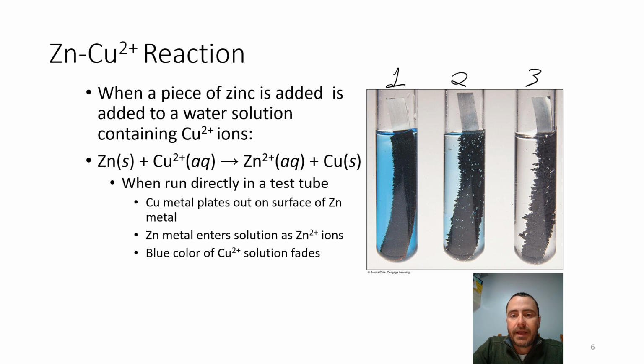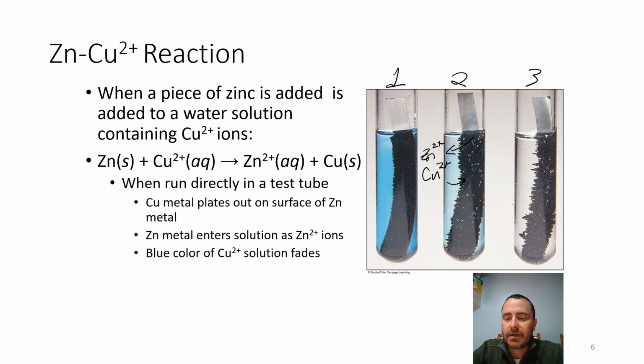So what happens is that our copper is forming on that zinc metal, but at the same time we're getting some zinc 2 cations coming off, and my copper-2 is forming that solid that's sitting on there.